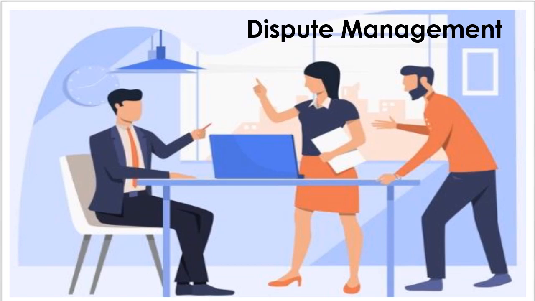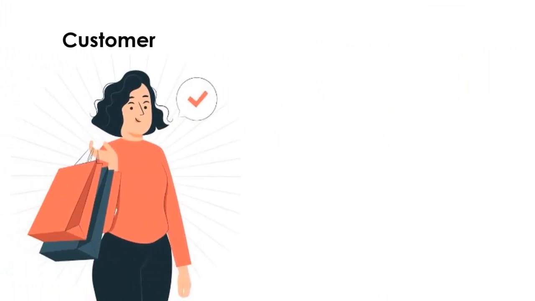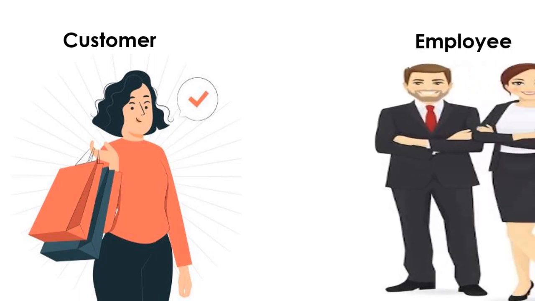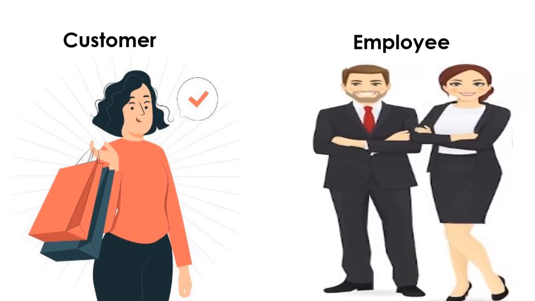Now let's understand. Dispute management is the registration and handling of any reported issue related to a customer's business activity with the company. The reported issue can be originated by the customer, a company sales employee, or any other company employee. The dispute process starts with the receipt of the dispute or an underpayment.